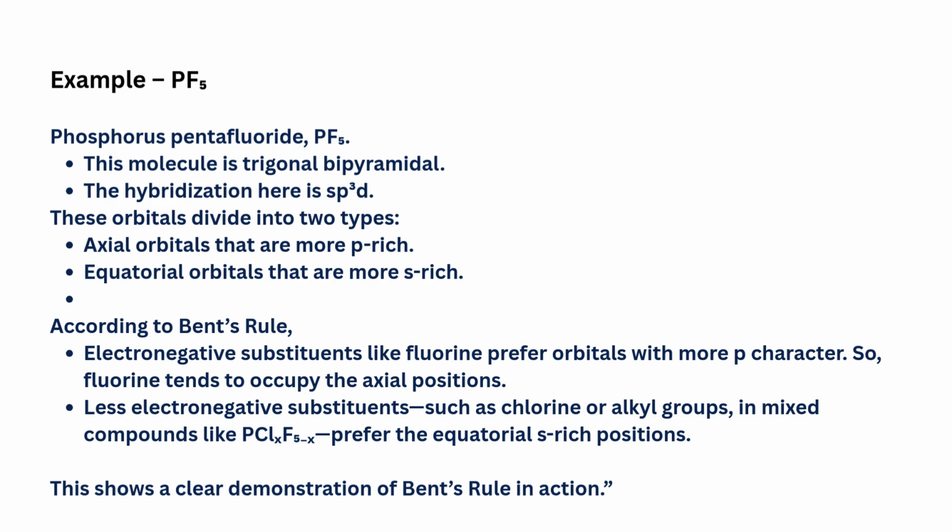First, axial orbitals, which have more p character, and equatorial orbitals, which are more s-rich. So, according to Bent's rule, the more electronegative substituents like fluorine prefer p-rich orbitals, so they occupy axial positions. If the substituents are mixed, say phosphorus halides, the less electronegative chlorine atom would prefer the equatorial s-rich positions.